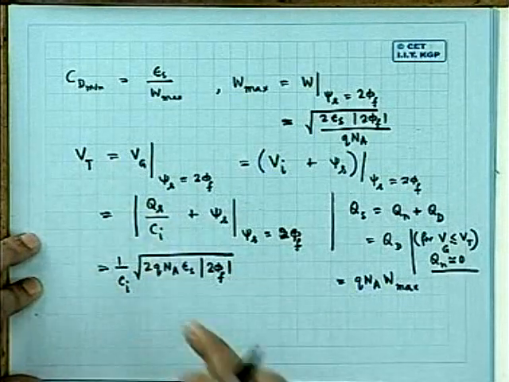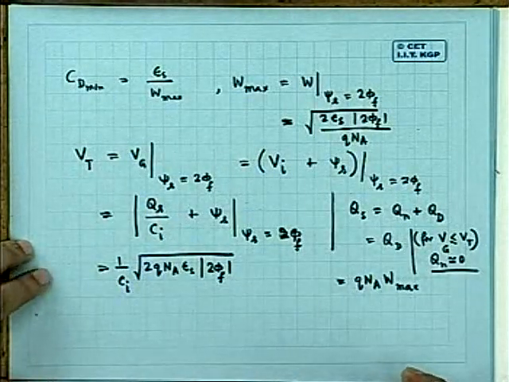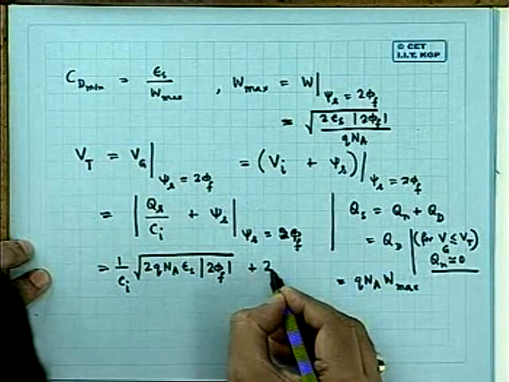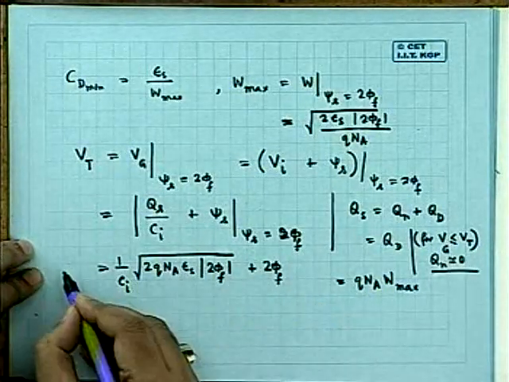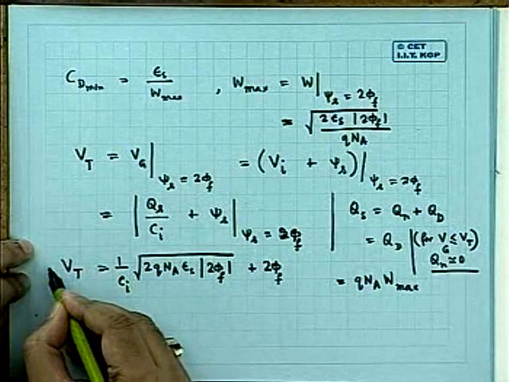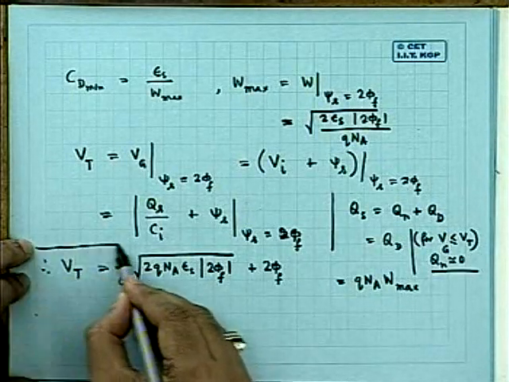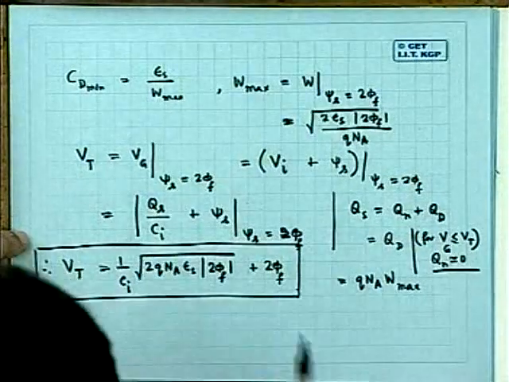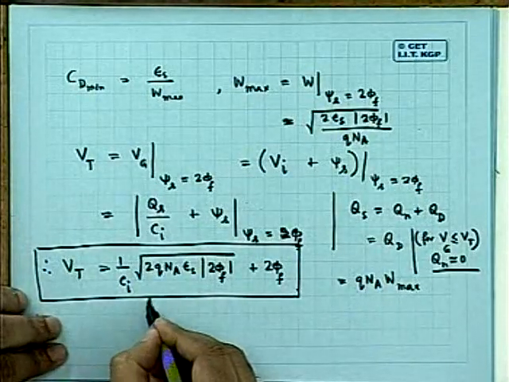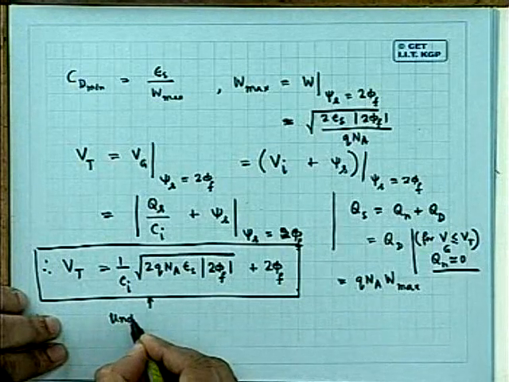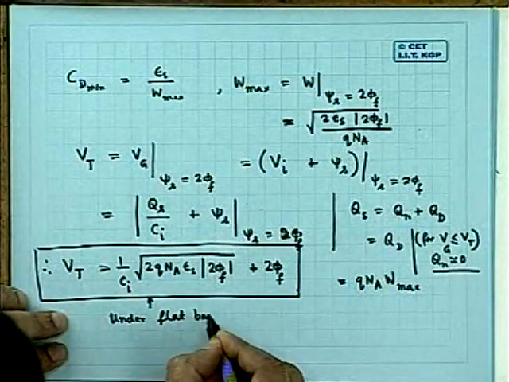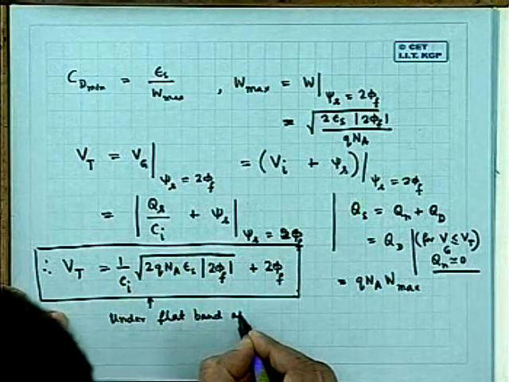That is your Qs by Ci. And then psi s, for psi s equal to twice phi f, means only twice phi f. So this is the typical expression for threshold voltage under flat band approximation.